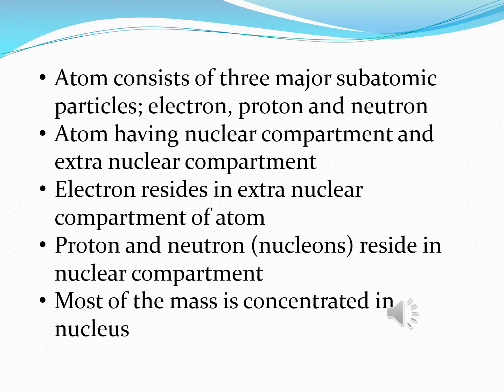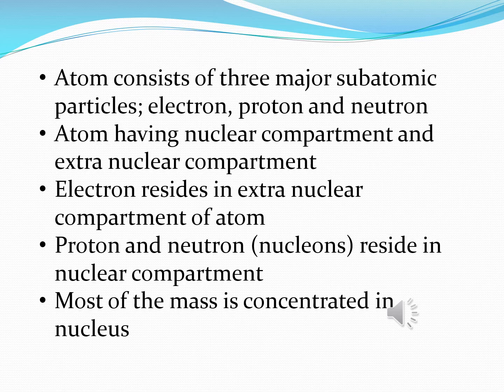The initial thinking of scientists was that the atom is the tiniest particle and not divisible. However, with the development of science, several experiments established that it is composite in nature. It has three major subatomic particles: electron, proton, and neutron.